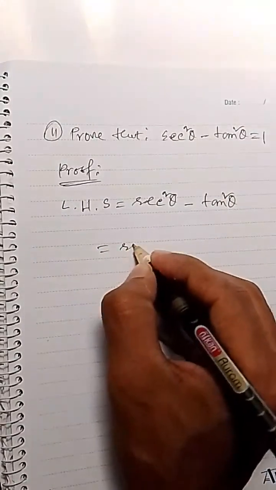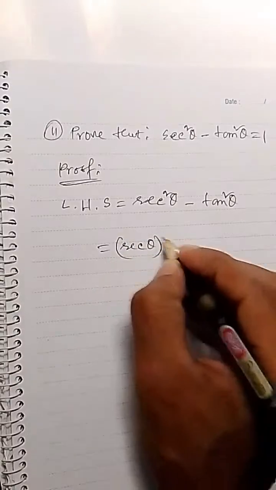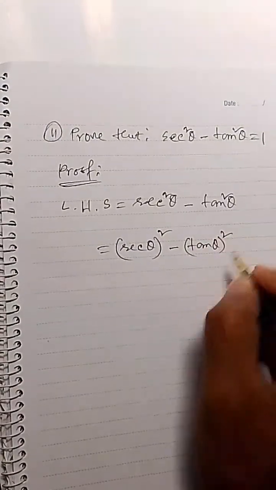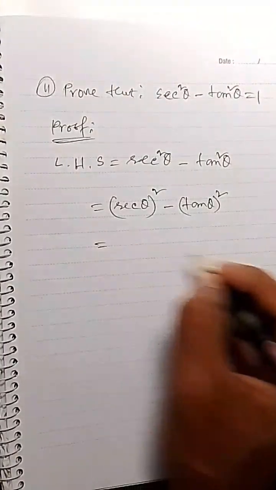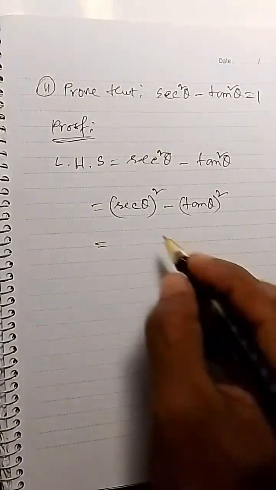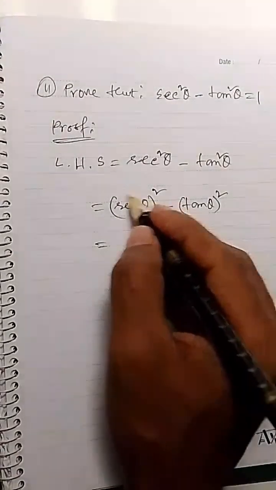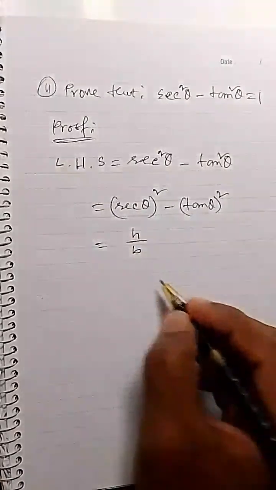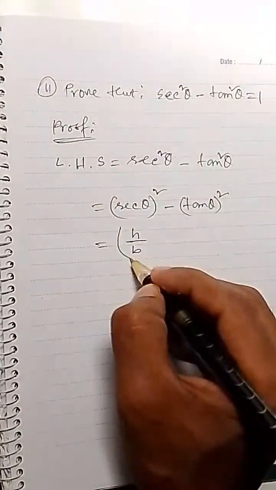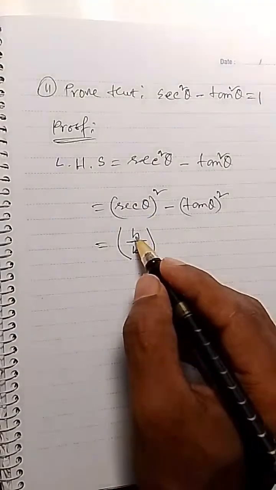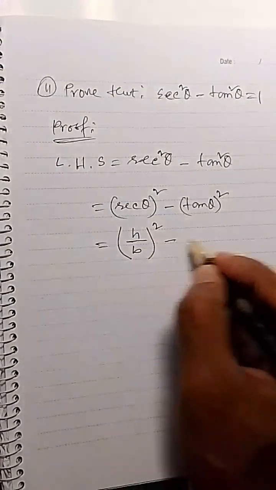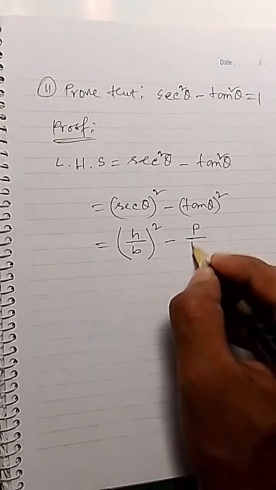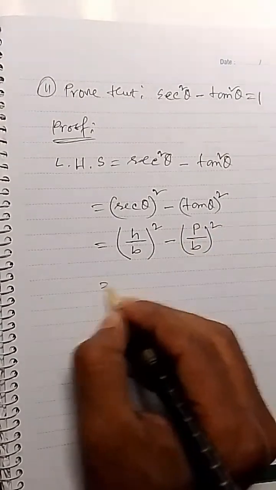So this can be written as sec theta whole square minus tan theta whole square. And now sec theta is hypotenuse by base. Remember that one, okay? So sec theta is hypotenuse by base and then square, minus tan theta, which is perpendicular by base, whole square.